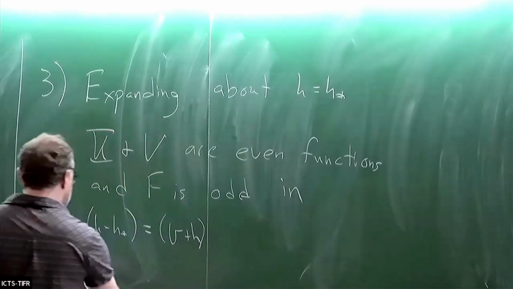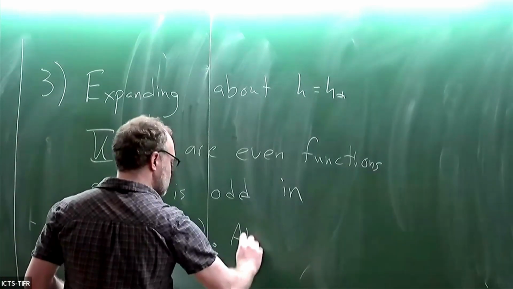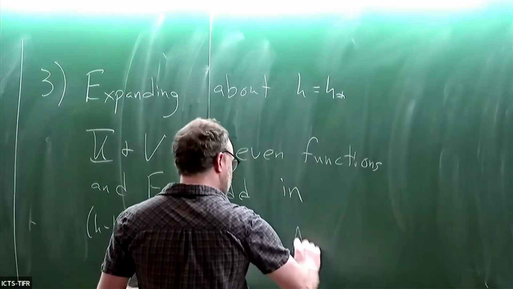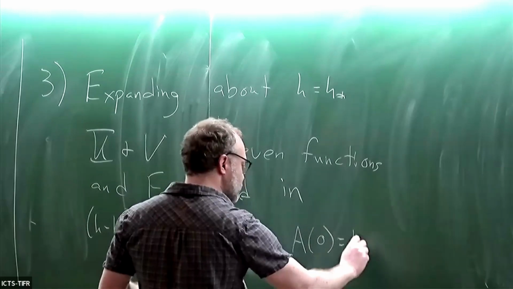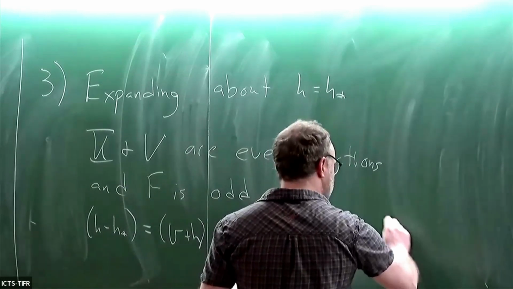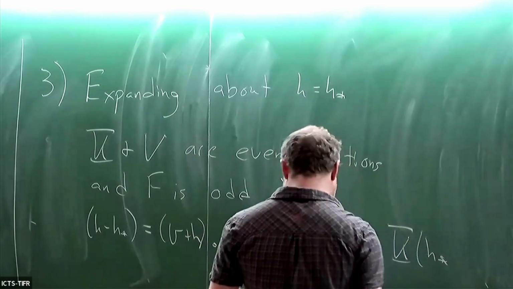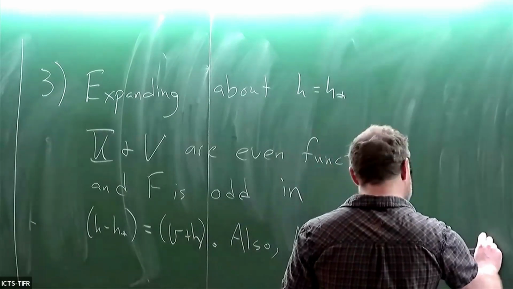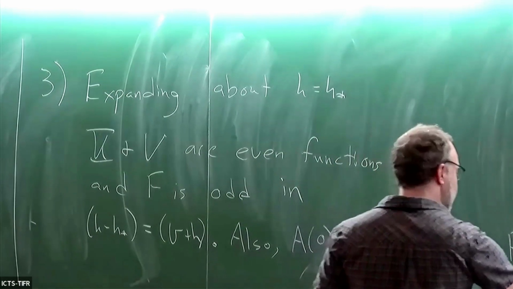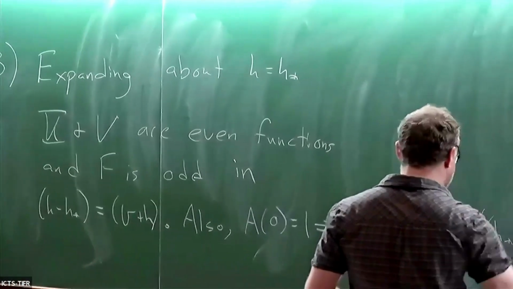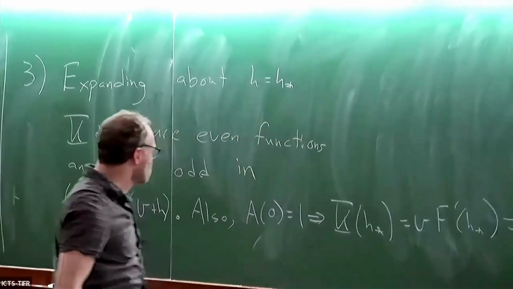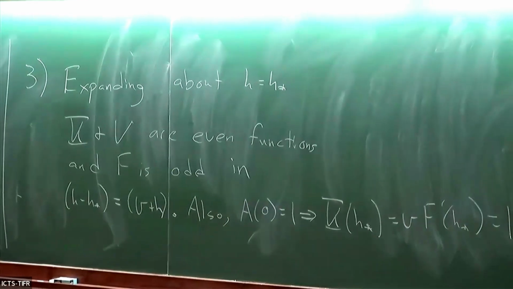Okay, and we also have a of 0 equals 1 translates to k of h star equals v f prime of h star equals 1. Okay?